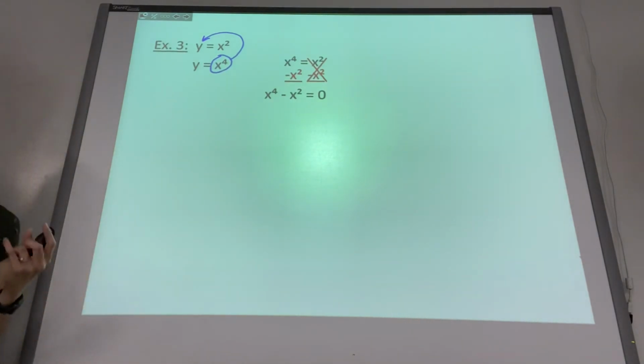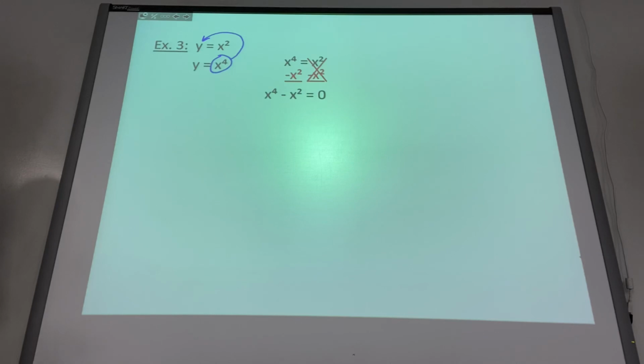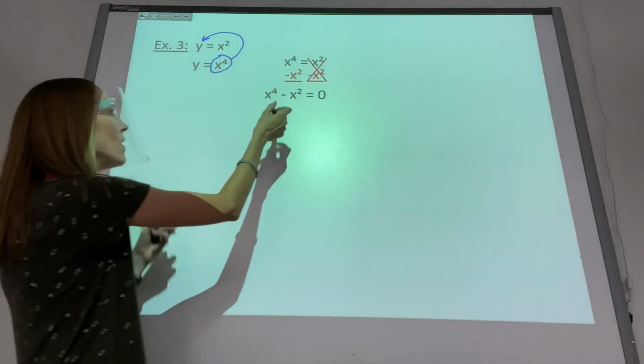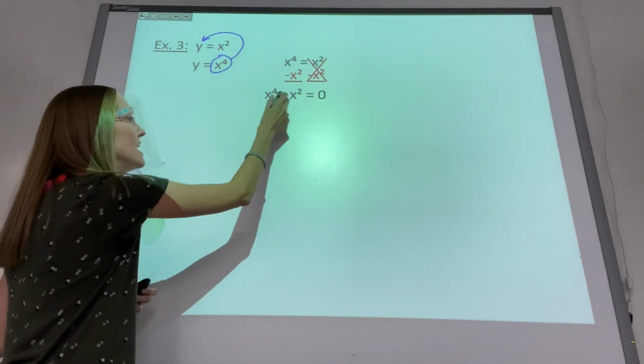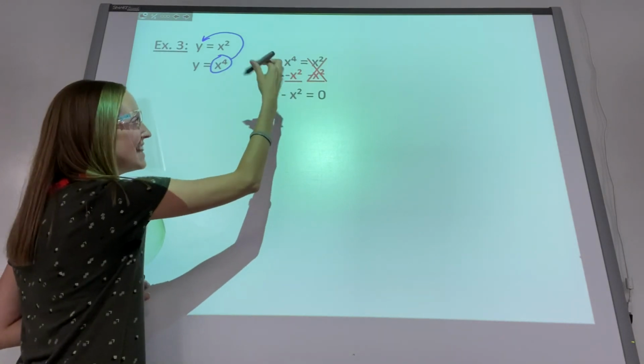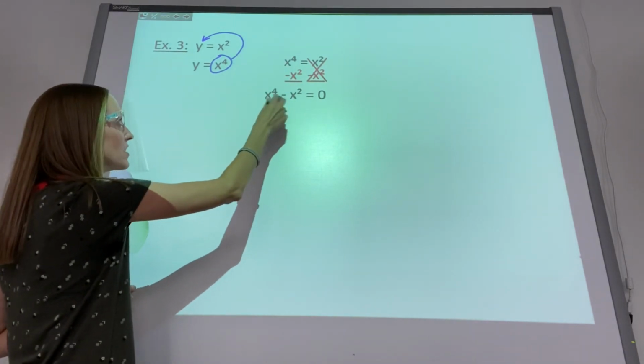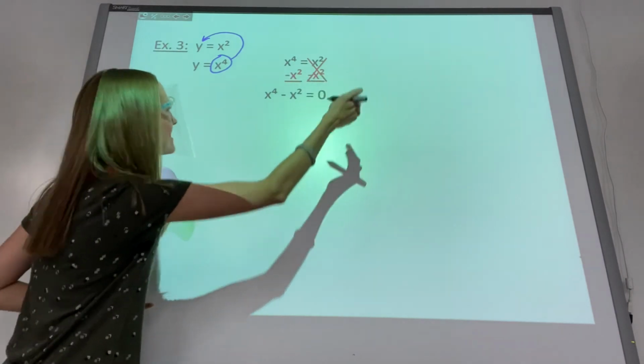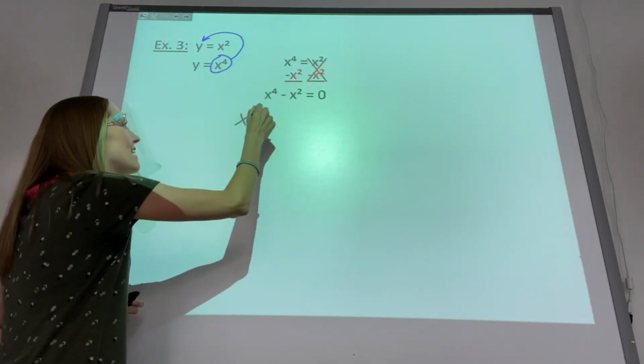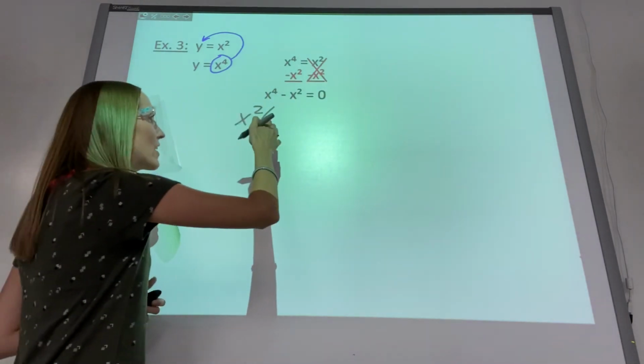What is always our first rule of factoring? Yeah, gotta pull out that common factor. So both of those, the greatest common factor here, would be the x squared.